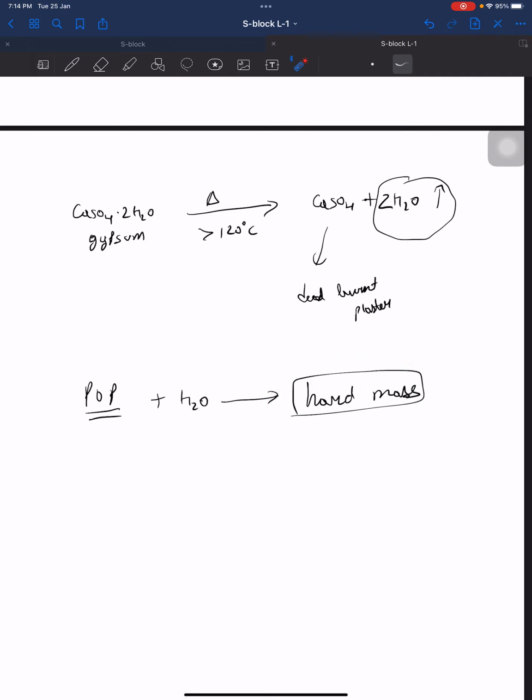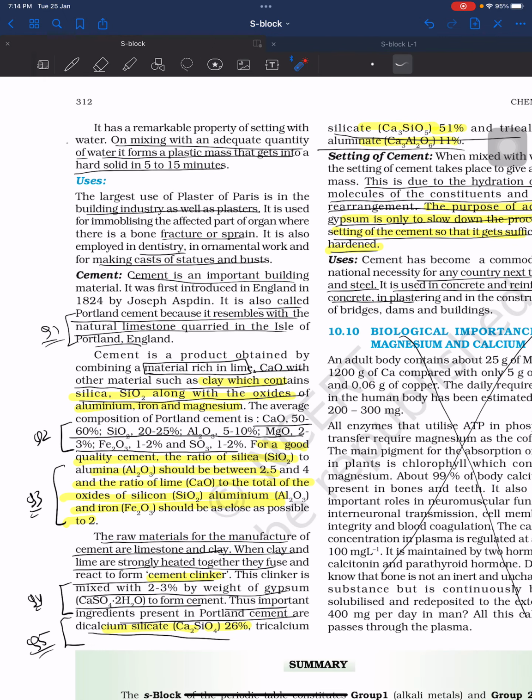Since there is no movement, there is no pain. So that immobilized part self heals after some days, then we remove the plaster of Paris from the body. It is also used in dentistry, and in ornamental work for making casts of statues and busts.